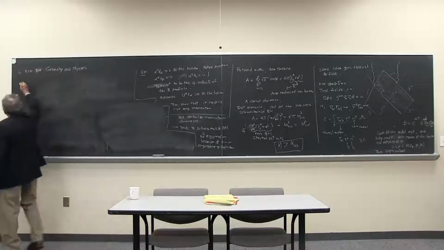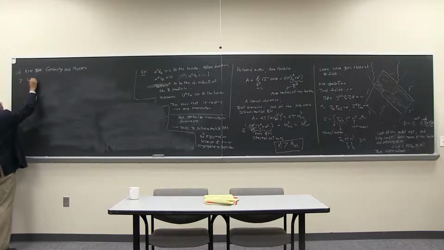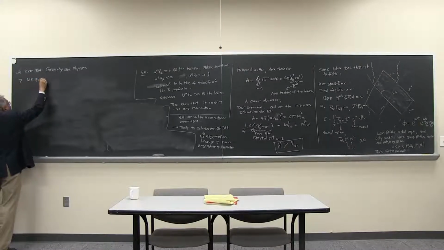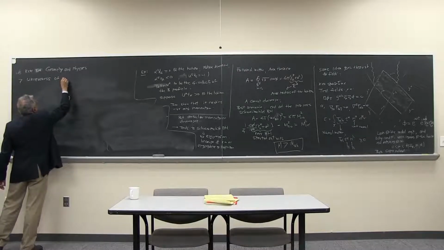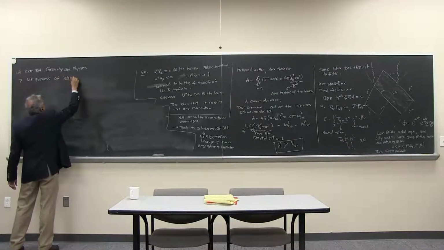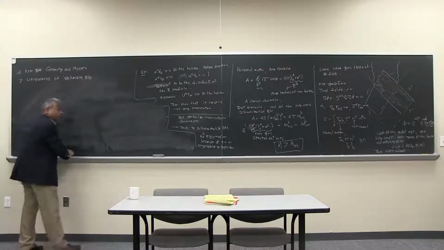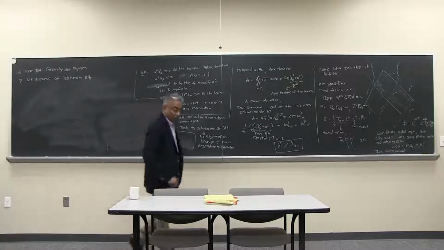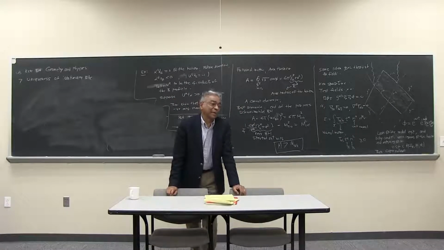And then the next topic I want to spend just a few minutes on is really the issue of uniqueness. What I want to explain is the following. You might say, okay, you saw Schwarzschild space-time, it was simplest, spherically symmetric.